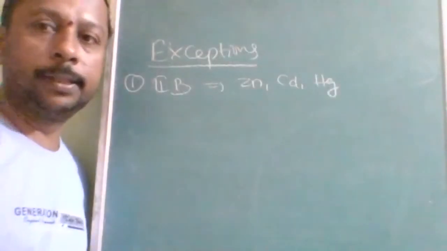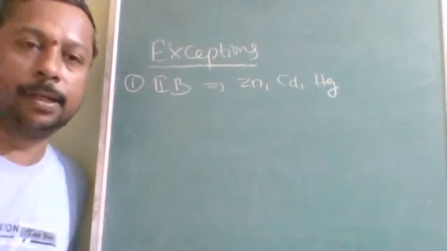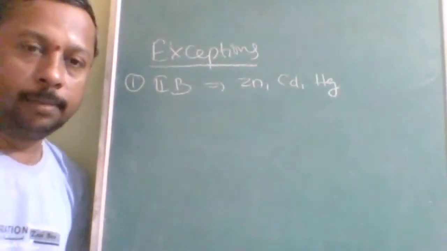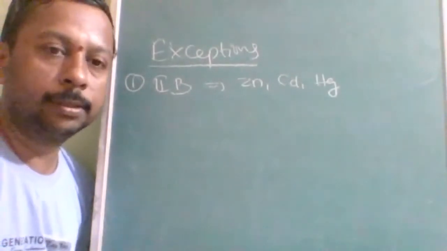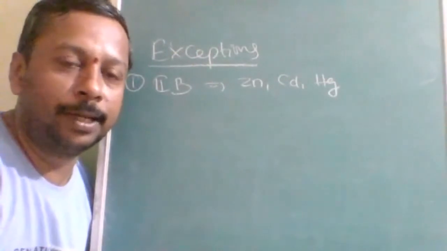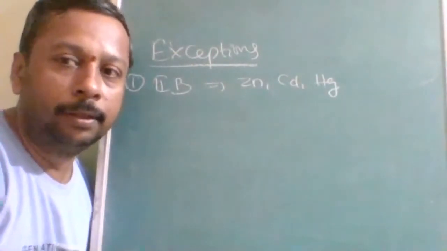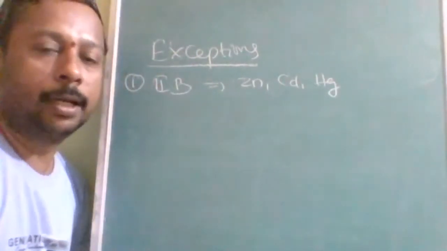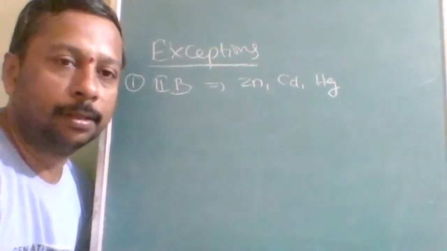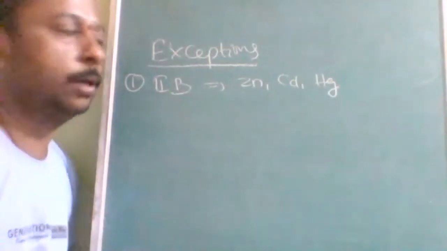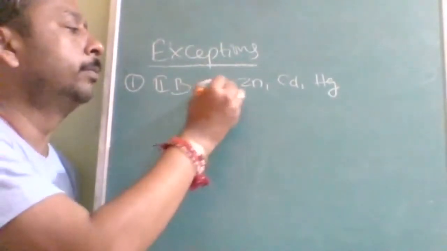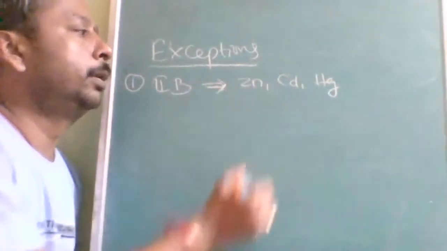Now exceptions. As usual, after studying the regular variation, you should study the exceptions, because examiners concentrate more on the exceptions rather than the regular. Here, the second B group belongs to the D block: zinc, cadmium, mercury. They are down the group.